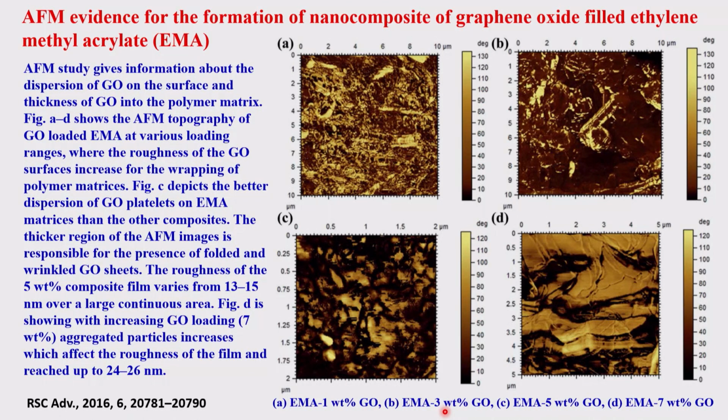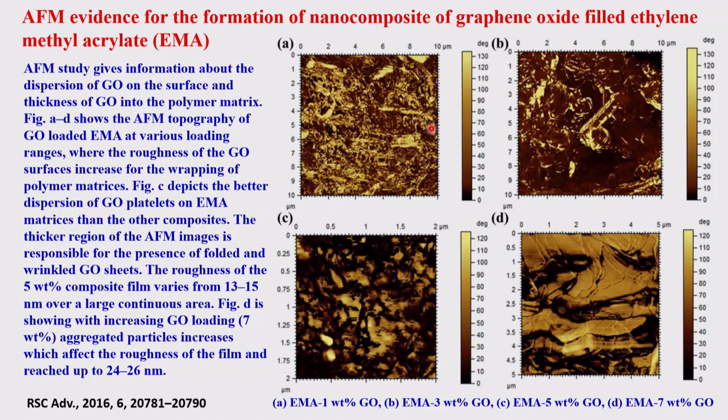And then for further properties, we are not going into those, but the characterization itself will tell you what is there. For example, I draw your attention to this particular slide, the AFM evidence for the formation of a nanocomposite of graphene oxide filled ethylene methyl acrylate, EMA. Ethylene methyl acrylate is a polymeric material into which you put the graphene oxide, so you are making a nanocomposite of this.